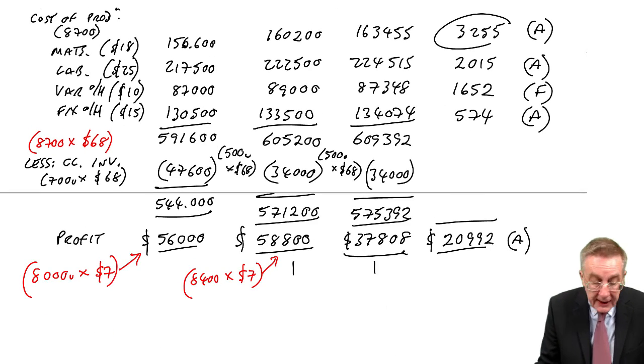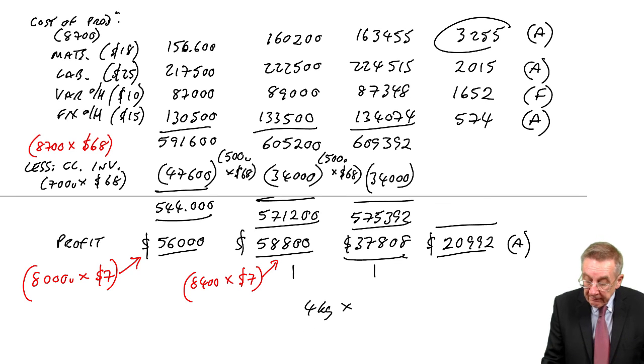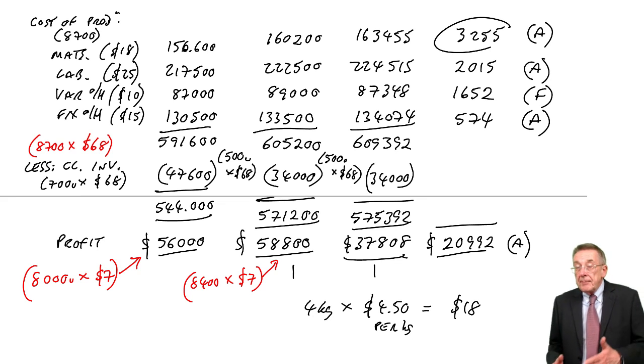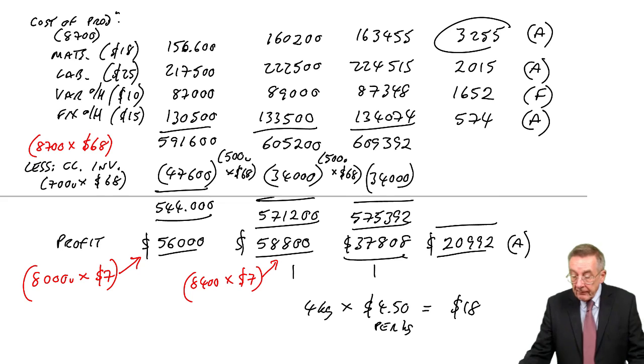The reason it was $18 a unit is that the standard cost card says it's 4 kilos, and it says we should be spending $4.50 per kilo. That's why it's 18. We obviously spent more than 18, but we need to know why.